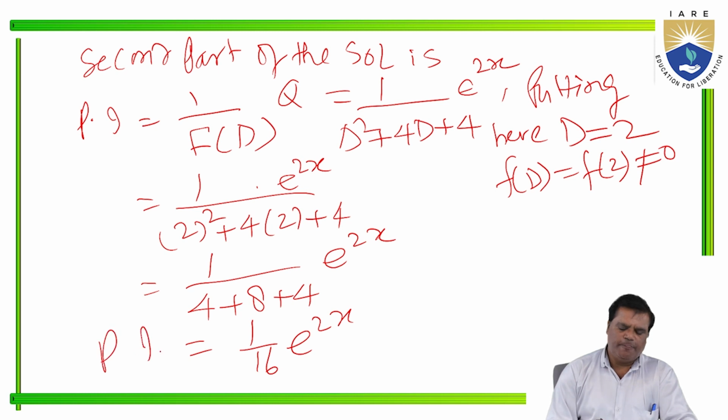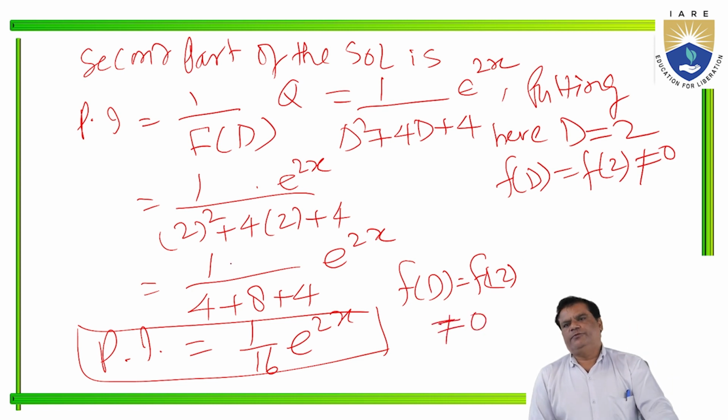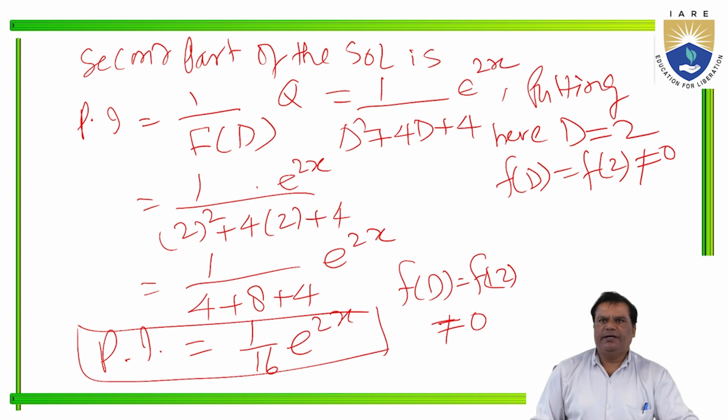This is the complete PI, because here f(D) equals f(2), which is not 0. The denominator is not 0 in this question, so there is a complete PI.